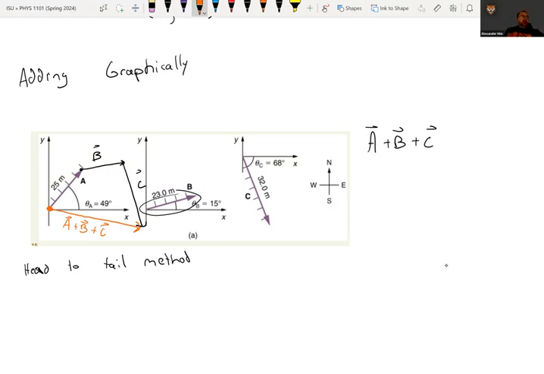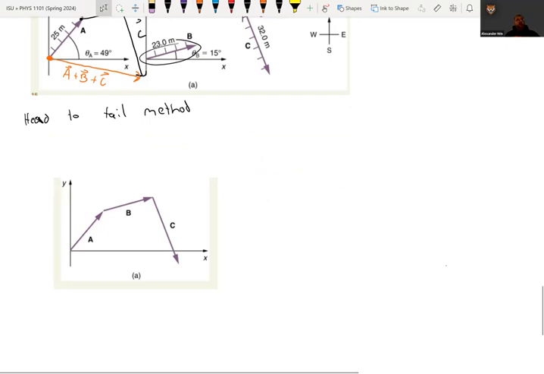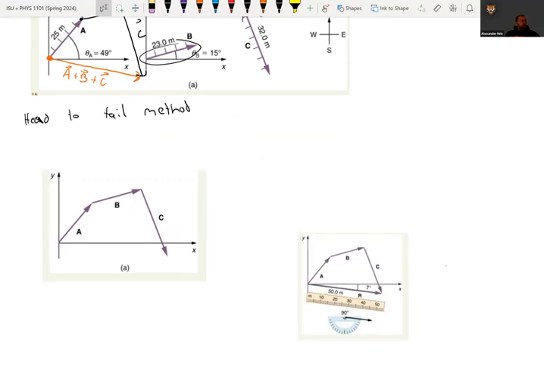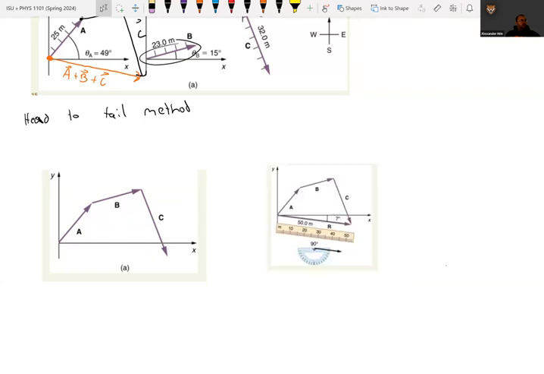Now, the issue with doing this, and I'll show the book has a couple more pictures, but I'll bring those in as well. The problem with doing it this way is that basically the way you figure out your resultant vector is you would have to do something like this.